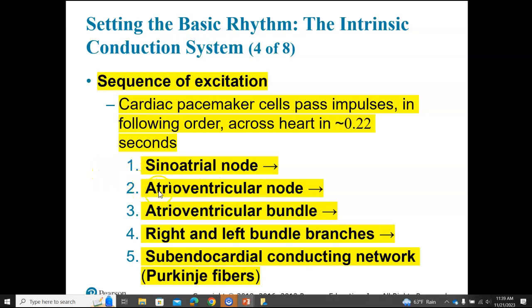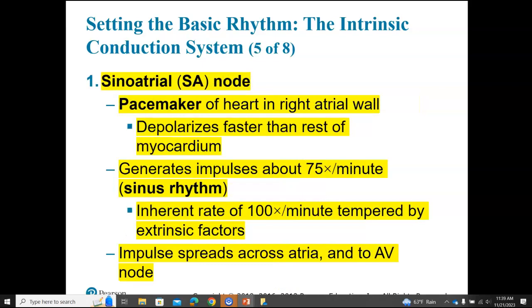And then that leads to an impulse traveling to the AV node or atrioventricular node, then the atrioventricular bundle, also known as the bundle of His, H-I-S, the right and left bundle branches, and the Purkinje fibers, which your textbook calls the subendocardial conducting network, or Purkinje fibers.